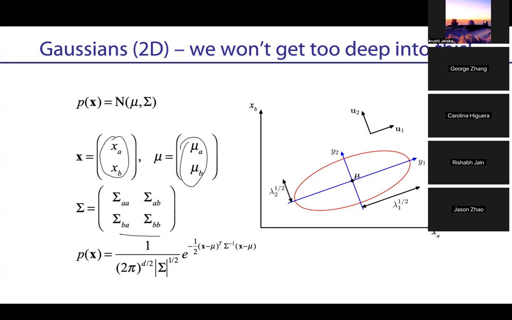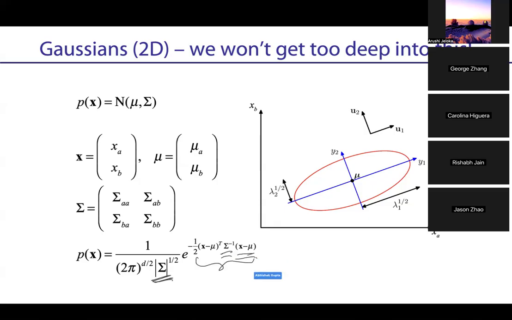I'll give you some geometric intuition, but first the likelihood. It's very similar to what we had earlier, but it's just defined in matrix form. So it's 1 over 2 pi to the d over 2, times the square root of the determinant of sigma, and then times the exponent of negative x minus mu transpose sigma inverse x minus mu.